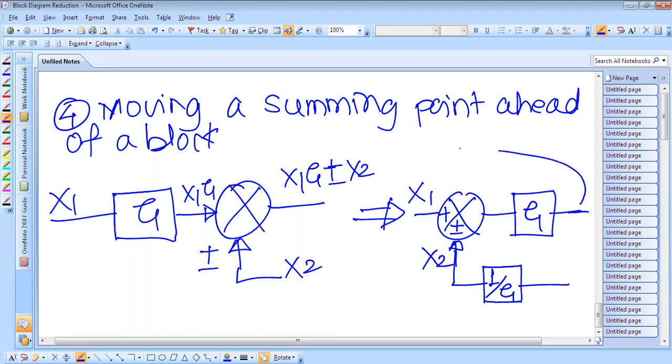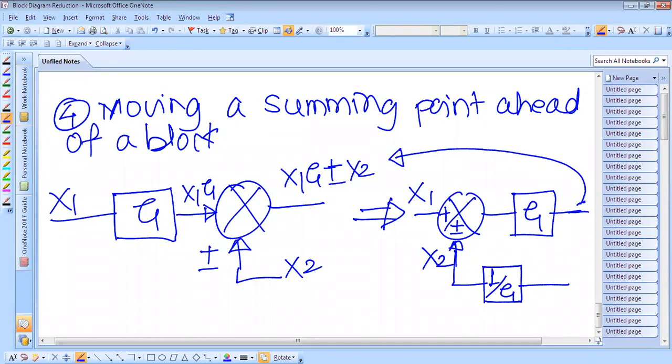So now the output is the same, that is x1G plus minus x2. The output should not change by taking the summing point ahead of the block or after the block. That is how we can use these rules for block diagram reduction.